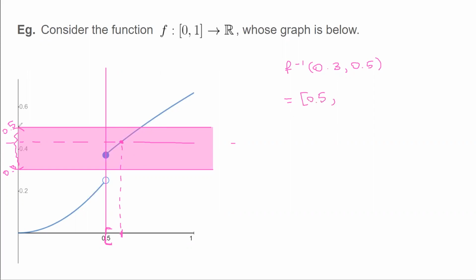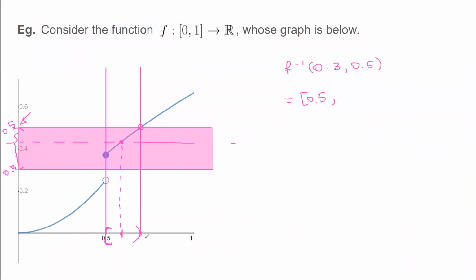But like I said before, 0.5 is not in this interval. And so actually there's a hole right here. And this is where the problem is. So the inverse image of 0.3 up to 0.5 is some half-open interval.